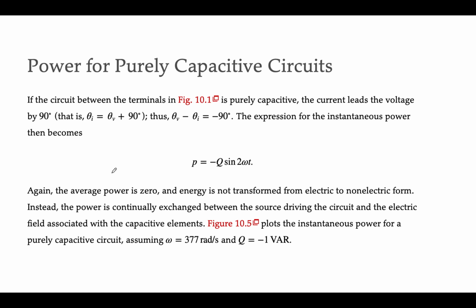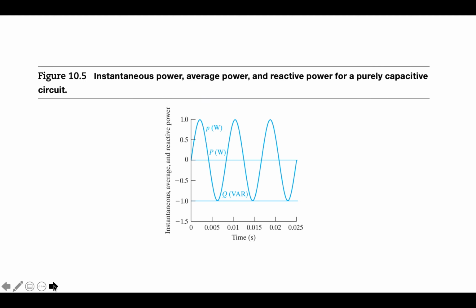The difference is that when you plug in theta V and theta I and calculate Q, you get a negative 1 here, because of the negative 90 and because of the equation for Q. If you do that for the inductor, you get a positive. So we can say that the reactive power is negative for capacitively dominated circuits, while it's positive for inductively dominated circuits.